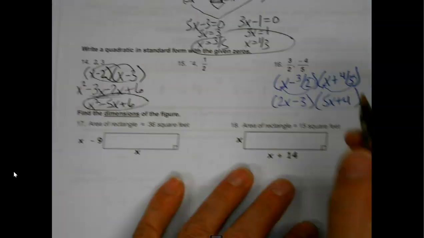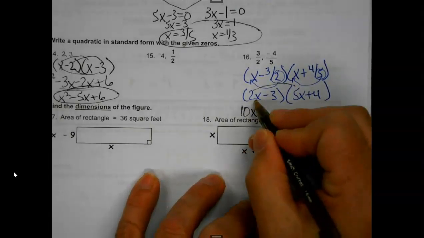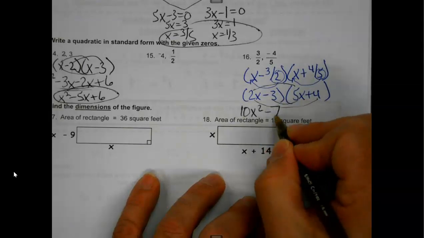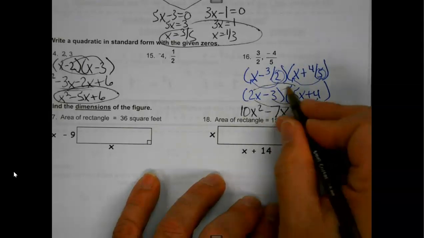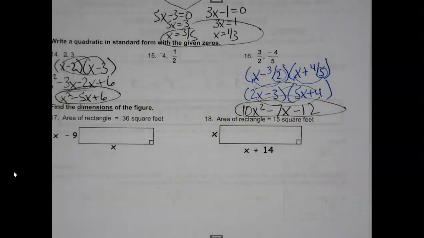FOIL that stinker out. So we got positive 8 and negative 15 would be negative 7x. So all you're having to do to write the quadratic, flip the signs of both answers when you put them in your parentheses, then FOIL them out.